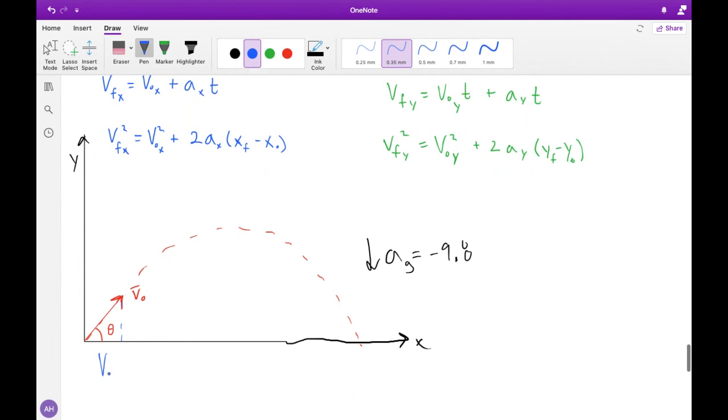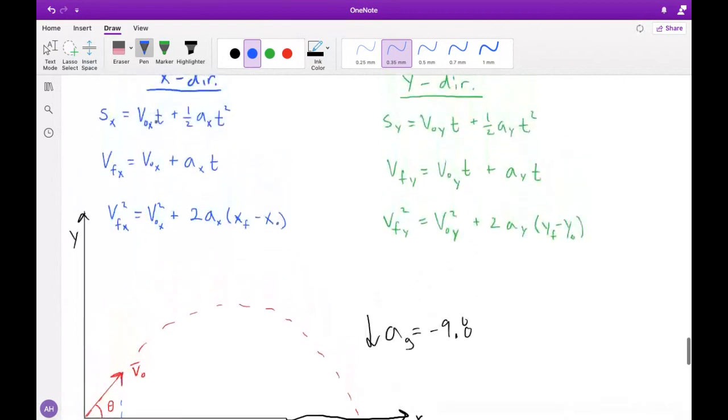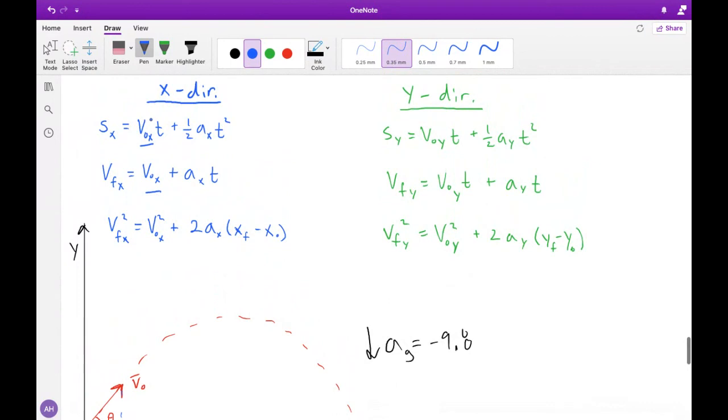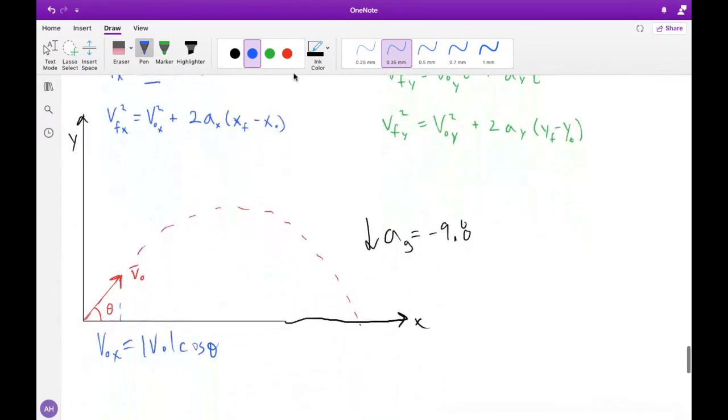The x component, v naught x, is going to be the magnitude of the velocity times the cosine of the angle. This is the velocity you use for your kinematic equations in the x direction.